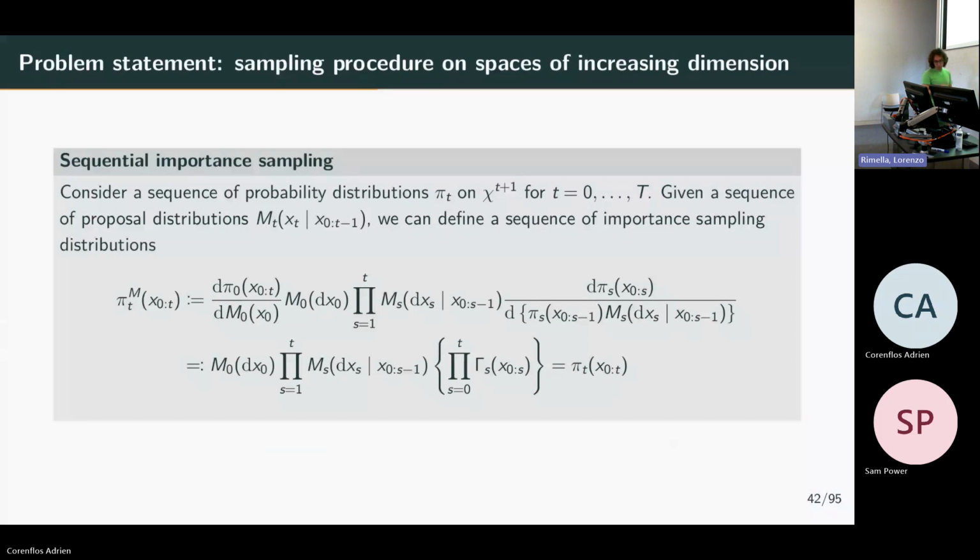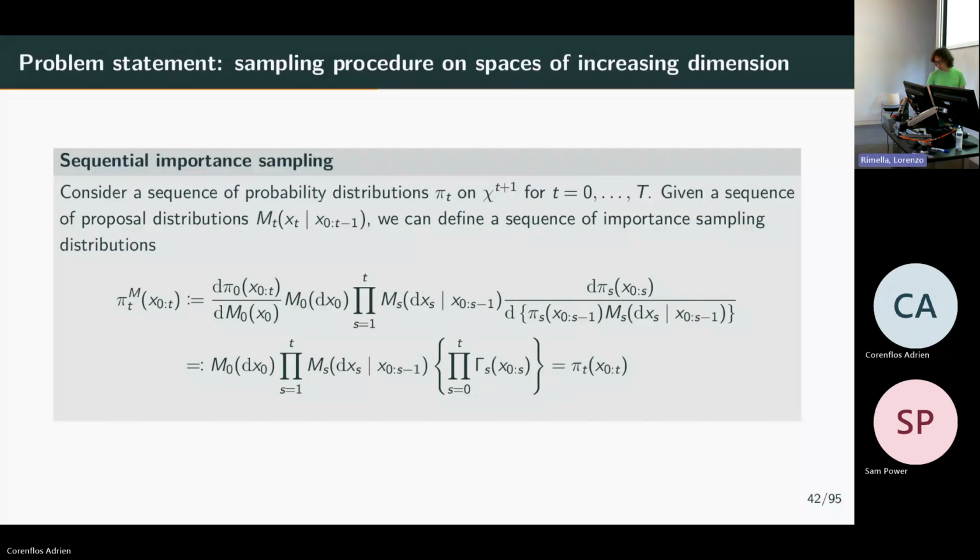Another formulation is to look at it as a sequence of kernels and a product of potential functions. I'm leaving that there for a second.